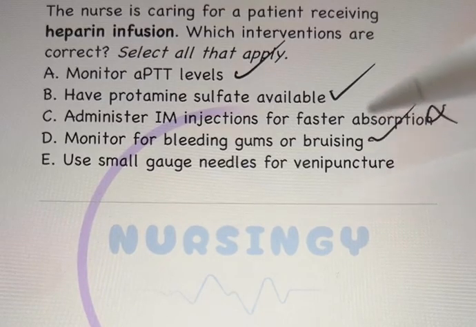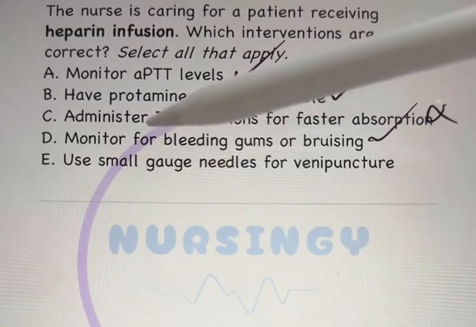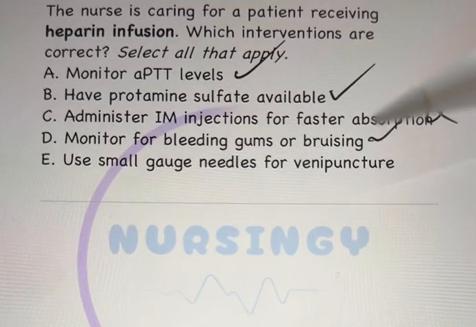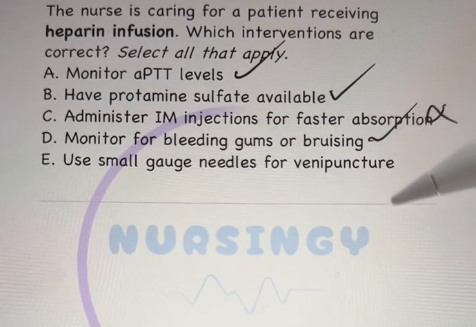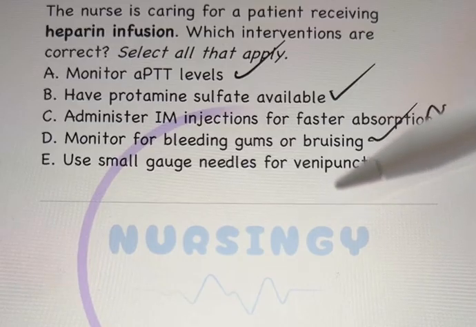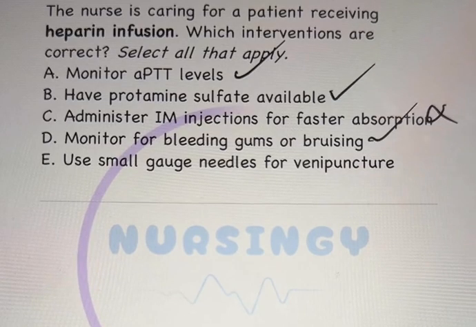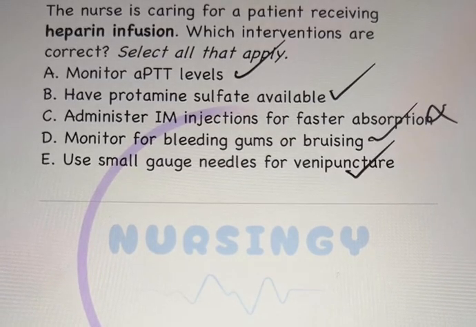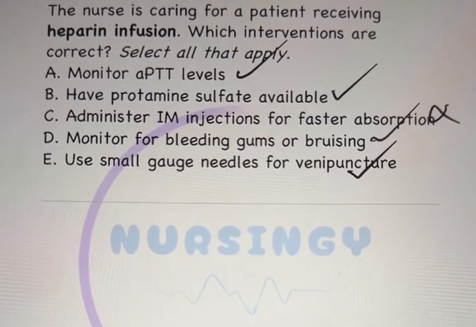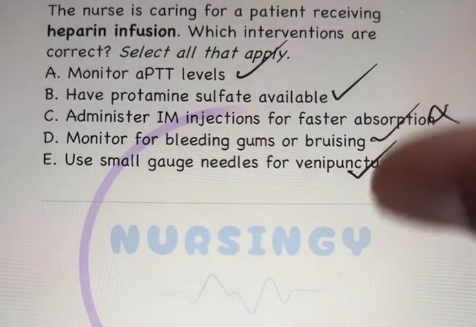Yes, definitely we can use a small gauge needle, because that will create less injury to veins and there is less chance of bleeding and hematoma. Small needles, always yes with heparin.